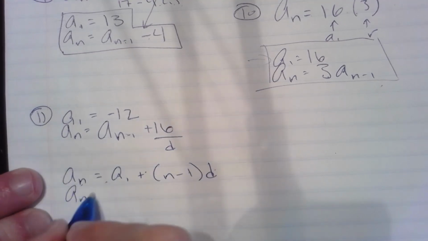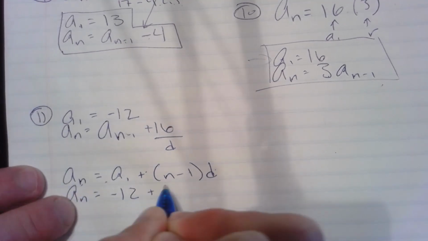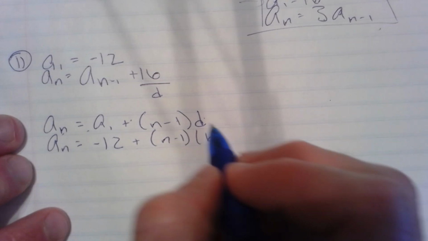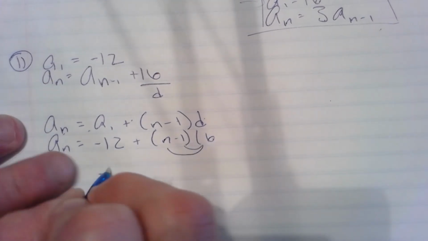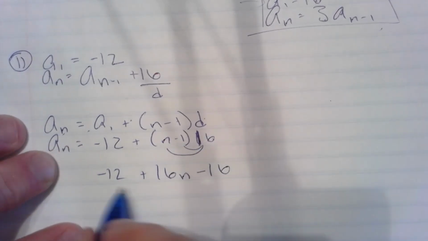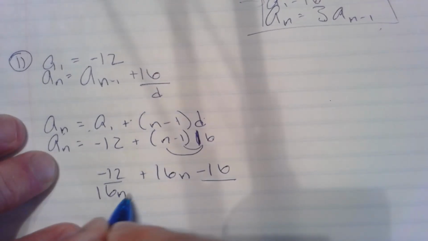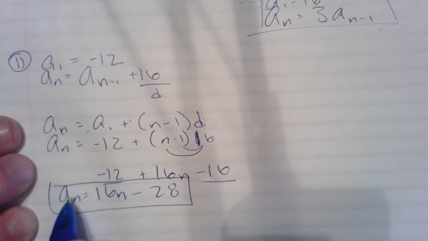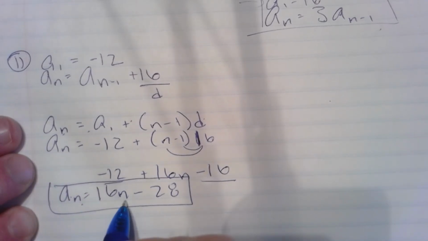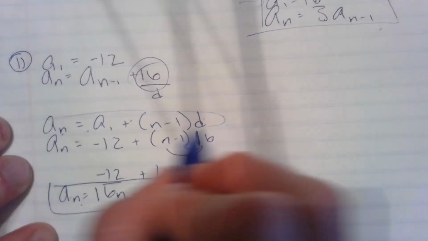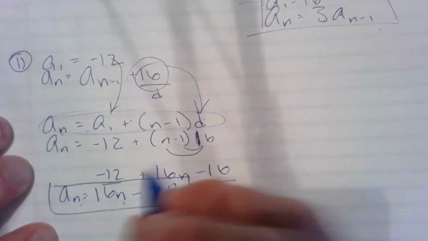So the nth term is negative 12 plus n minus 1 times 16. Let's distribute the 16. I get negative 12 plus 16n, take away 16. I know it's pretty ugly. Let's combine like terms: 16n, take away 28. So here's my explicit rule. The nth term is 16 times n, take away 28. Identify your common difference, know which formula to use, plug in what you have, and then simplify.